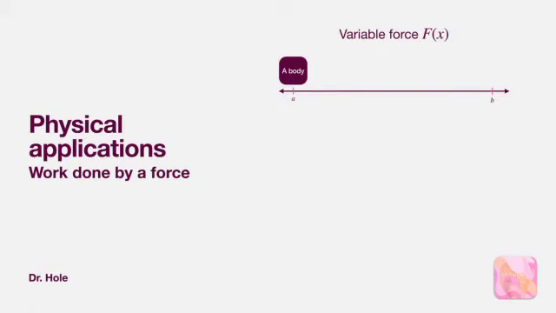Consider the constant force example we had earlier. If we want to move the body from position A to position B, assuming that the body doesn't change in its mass, in its weight, then that would be a constant force. To make it a variable force, assume that the mass of the body, the weight of the body, changes as you move from A to B. Then the force required is going to be variable.